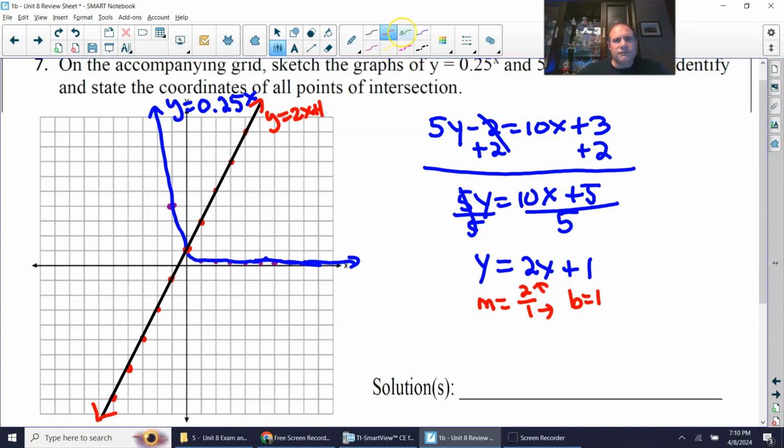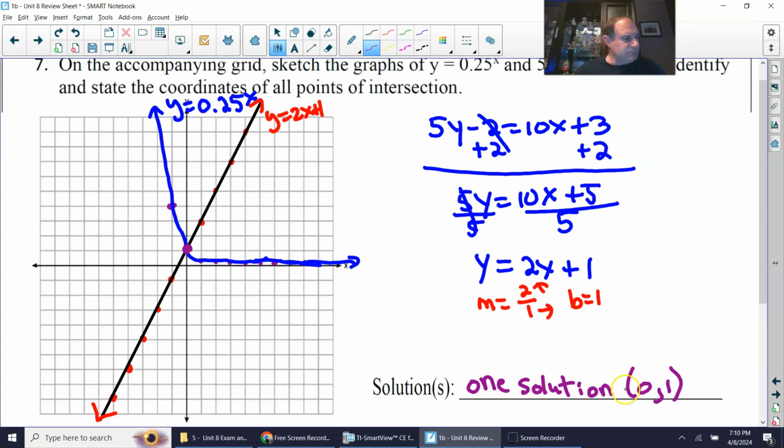It does cross right here. Right here. So that is 0, 1. So the solution is one solution, and it is 0, 1. And again, you could check that out.